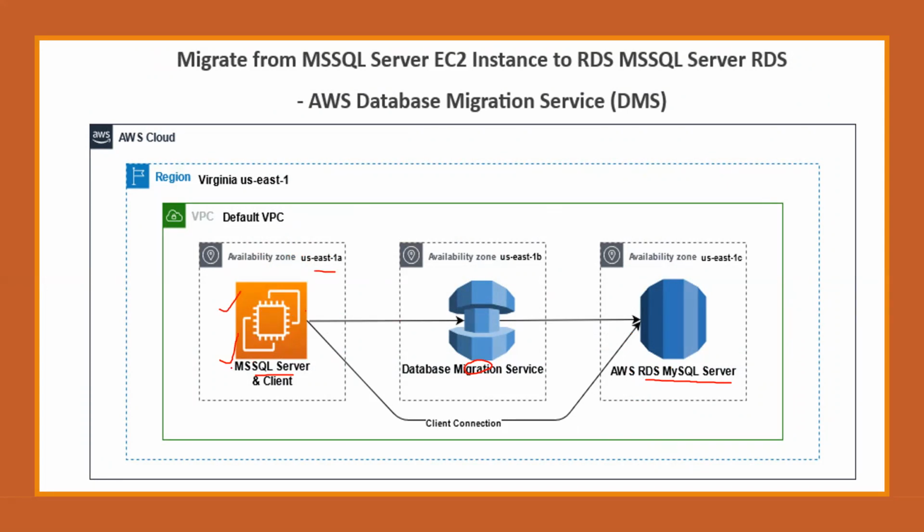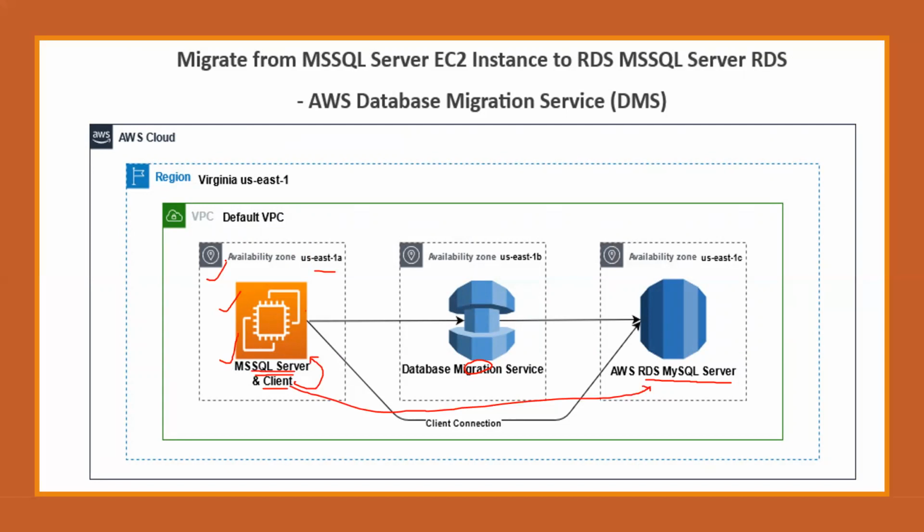It contains the MS SQL server as well as the client. We will use this client machine to connect to the server itself, and using this client, we will connect to the RDS system. So this EC2 system will behave as both the MS SQL server and the client, because I'm using everything in one system. The same configuration can be done on-premises also.